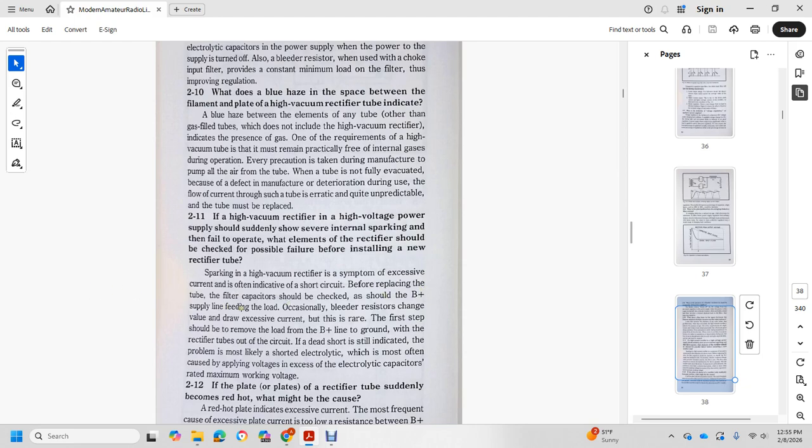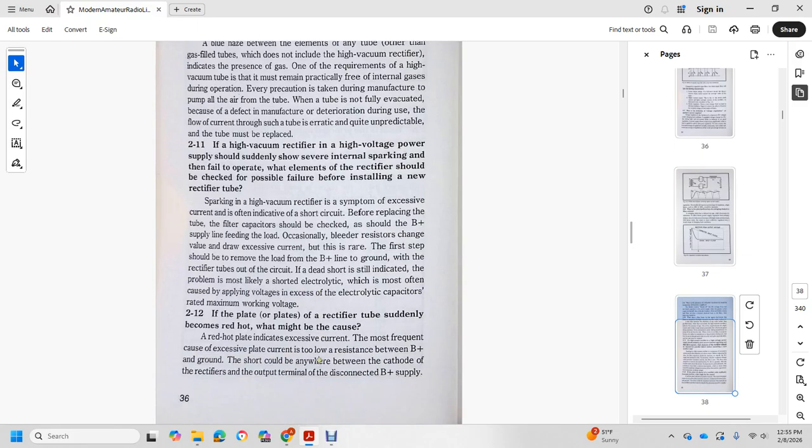The B positive supply line load, using the bleeder resistor chain, could draw excessive current, but this is rare. The first step should be to remove the load from the B positive line, with a resistor from the bleeder line to ground, with the rectifier tubes in the circuit. The dead short should still be indicated. The problem is most likely a shorted electrolytic, which is often caused by applying voltage in excess of the electrolytic capacitor's rated maximum working voltage.